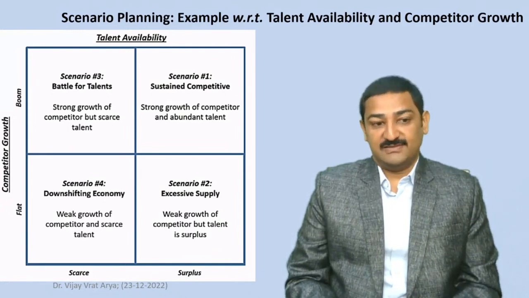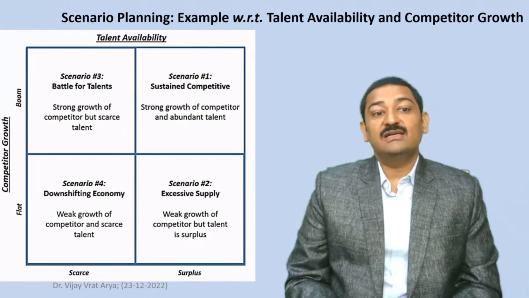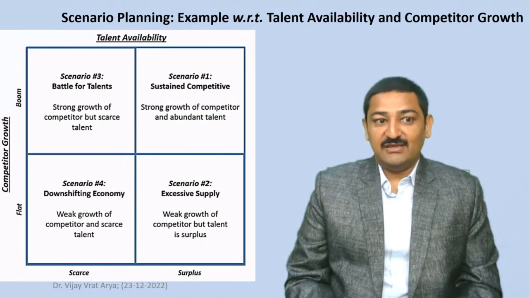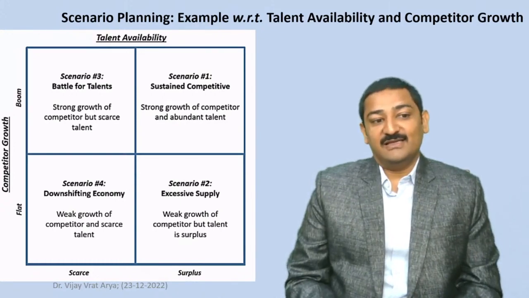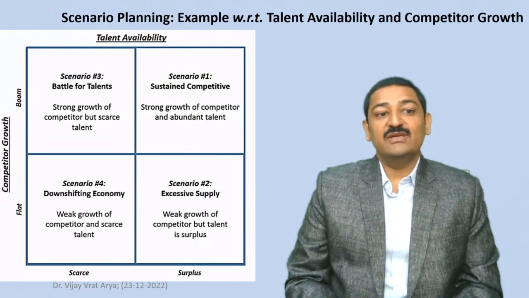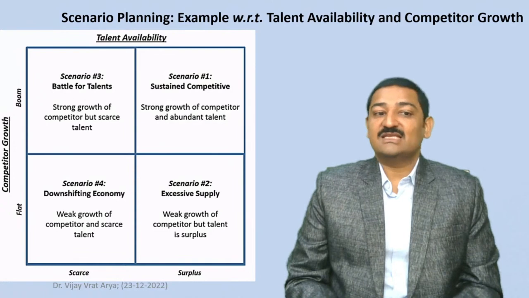If we refer to scenario three, which is battle for talents, in that case, the talent is scarce in terms of the shortage, and at the same time, the competitor growth is booming. So in this scenario, the strong growth of competitor, but the talent is scarce.